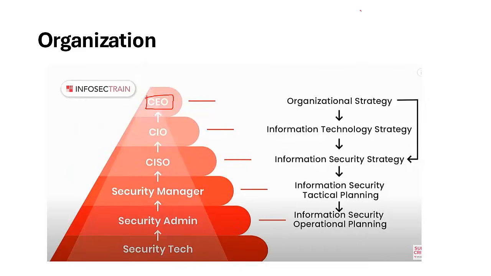As I said, governance is a set of operations. Under the governance, we have an important element. Let me change the color. Under the governance, the first thing is called corporate governance.